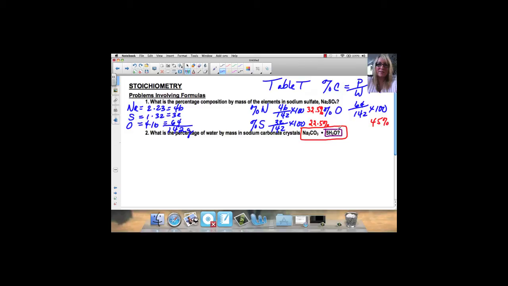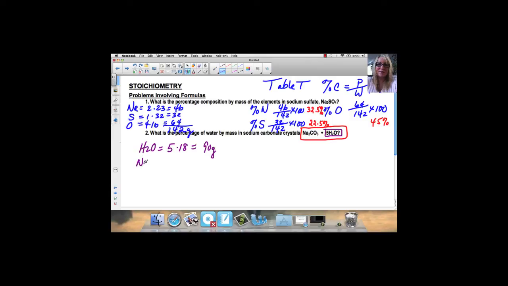So you're going to have your part, which is the 5 waters, over the whole thing. So recall before that I told you water was 18. This is 16 plus 2 times 1 on the hydrogens. So that's a total of 18. And you've got 5 waters. So 5 times 18 for the water part is 90. That's your part. Now we've got to figure out what the whole is.